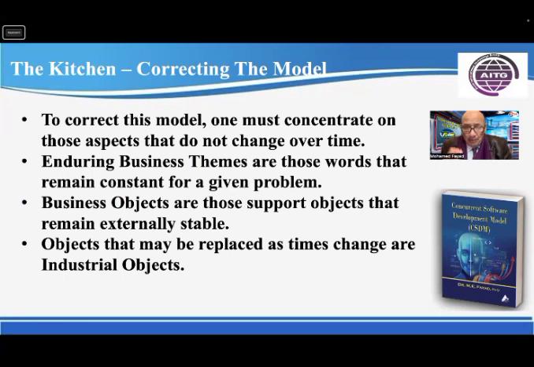The second one is called business objects, which make the enduring business themes, the EBTs, achievable. They are those support objects that remain internally stable and externally adaptable.